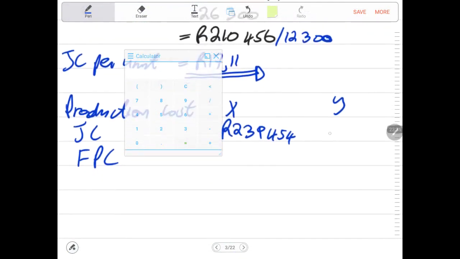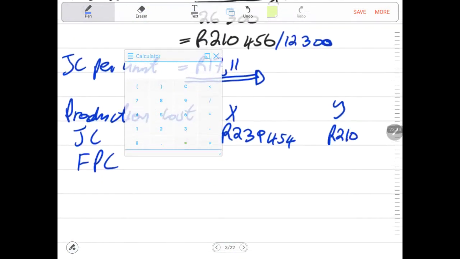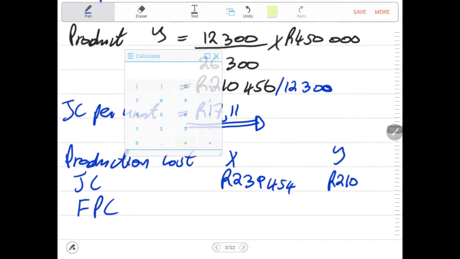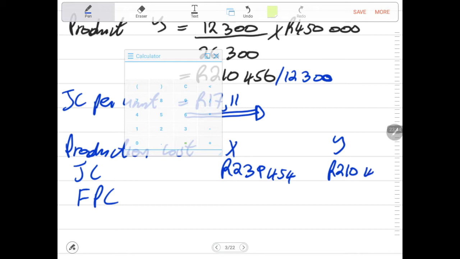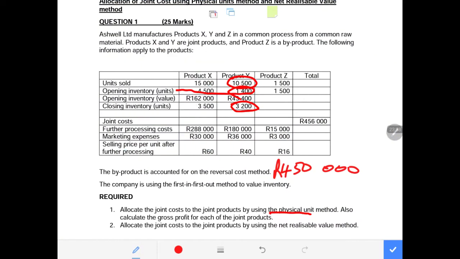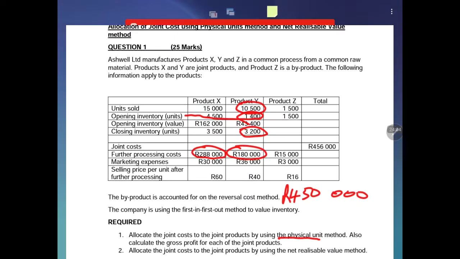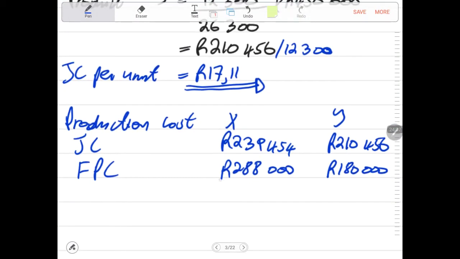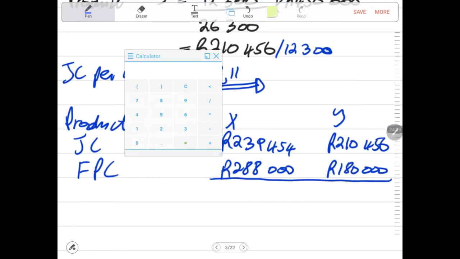Then we have 239,544, and here we have 210,456 as our joint cost. Our further processing cost, we have 288,000 here, and we have 180,000 here. Now that is 288,000 further processing cost for product X and 180,000 for product Y, meaning our total cost of production for product X, it will be 239,544 plus 288,000.